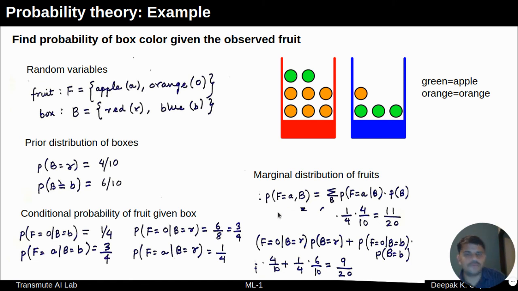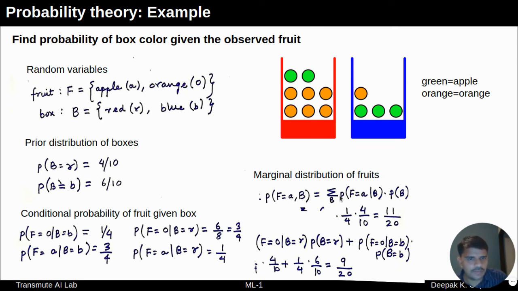Let me check. Yes, so we are going to compute the marginal distribution of fruits here. We want the marginal distribution of fruit being apple. That would mean we have to sum across joint probabilities of fruit being apple and box being blue or box being red, summing across all of those boxes.